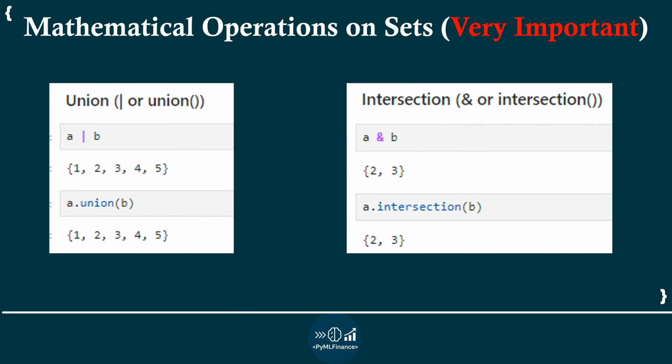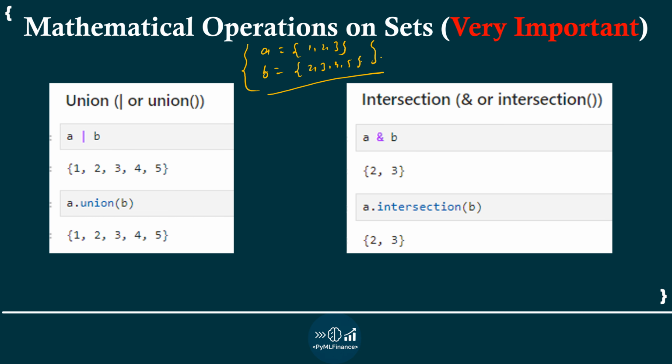Now this is very important, I would say, in case of the set data structure. Let's say you have two sets, a equal to 1 2 3 and b equal to 2 3 4 and 5. So these are the two sets that you have, and you want to perform operations like union or intersection, you can do it in Python.